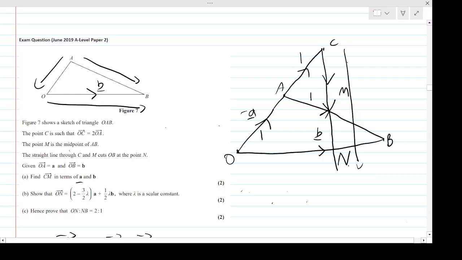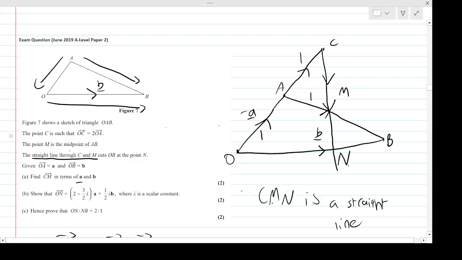What we can use instead is, again, the fact that CMN is a straight line. We're pretty much told that in the question: the straight line through C and M cuts at the point N. So C, M and N are on the same line, which means the vectors between them are going to be parallel.